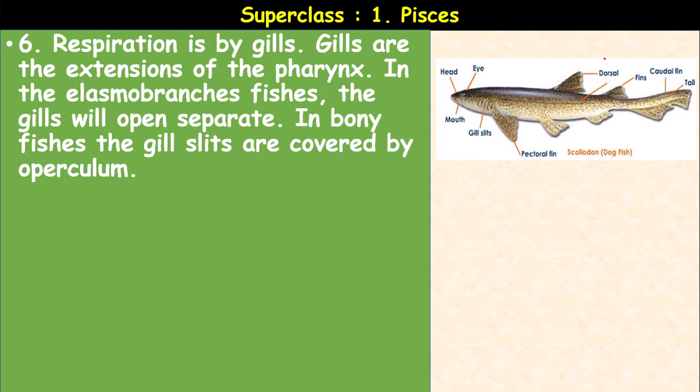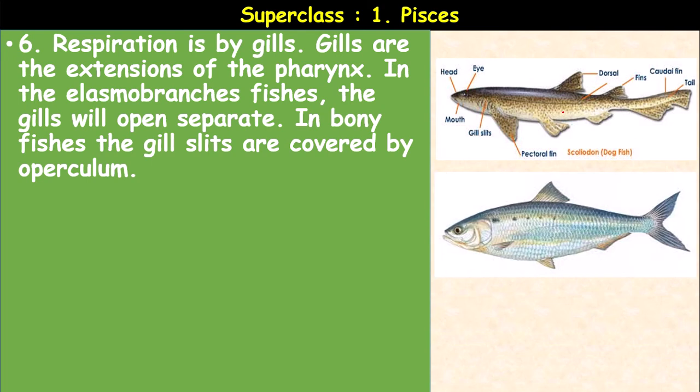So dorsal fin, pectoral fin, pelvic fin, caudal fin or tail fin. This is a bony fish. It is covered by operculum. This is operculum, this structure. Inside this operculum, gills are present, red color.